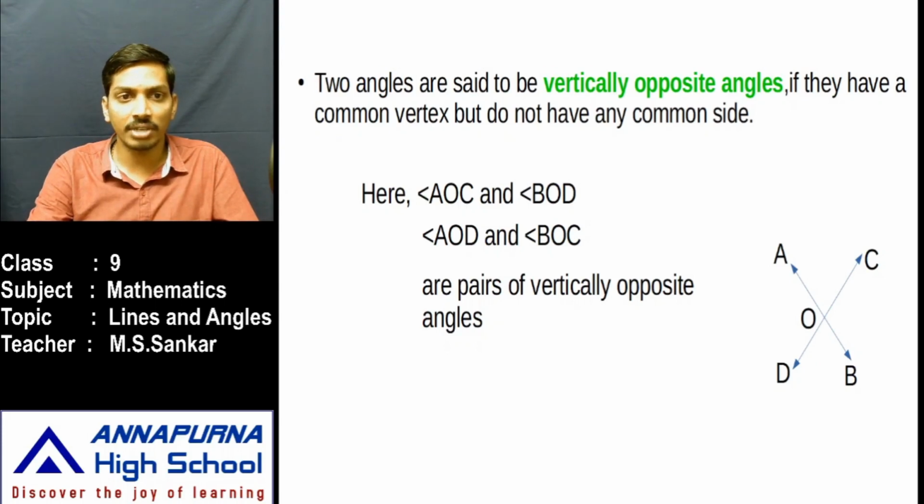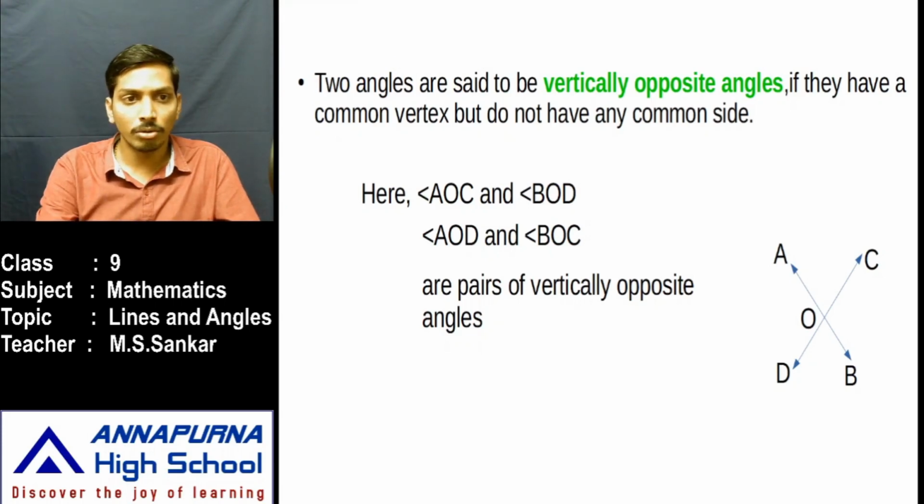Next definition, vertically opposite angles. What are vertically opposite angles? Two angles are said to be vertically opposite angles if they have a common point but do not have any common side. Example, see the figure.